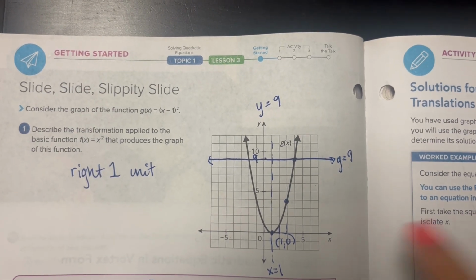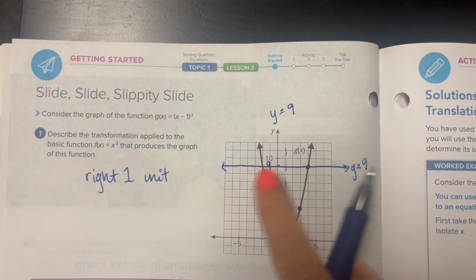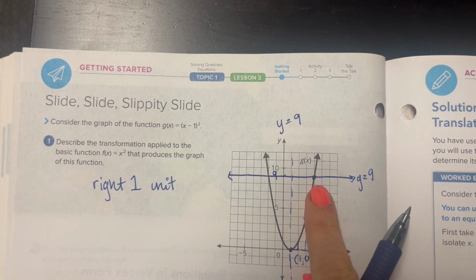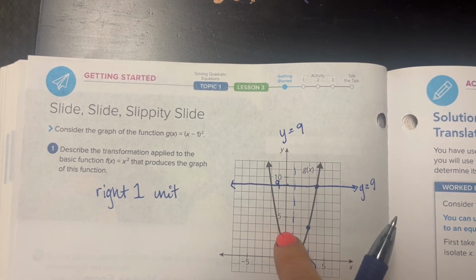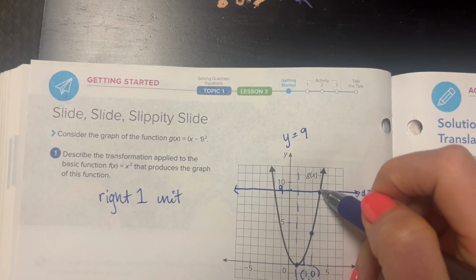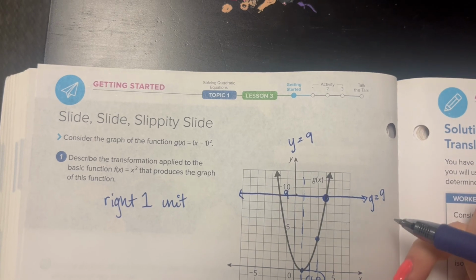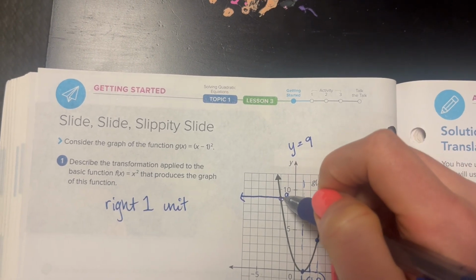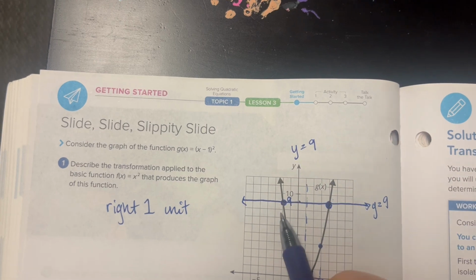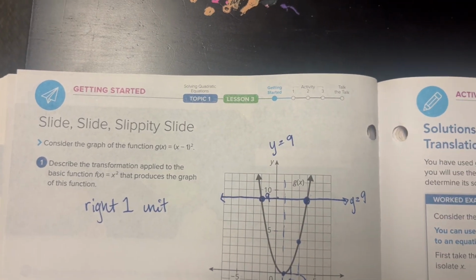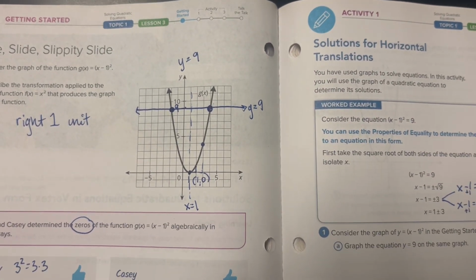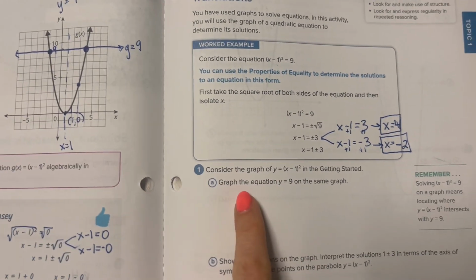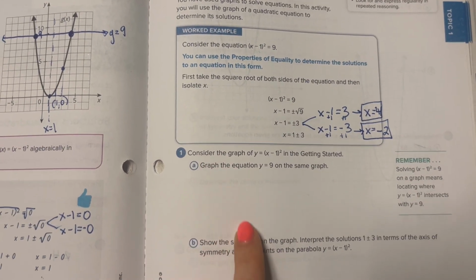So now that we've drawn this line, do you see that the solutions are where 2 things intersect? Funny enough, I already put a little dot here earlier, but do you see that they cross exactly on a coordinate point? Now, which coordinate point is that? Graph the equation on the same graph.